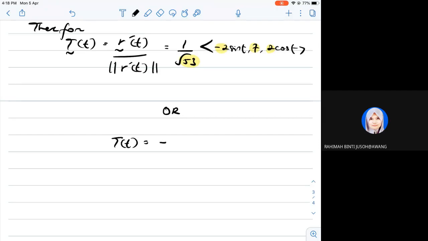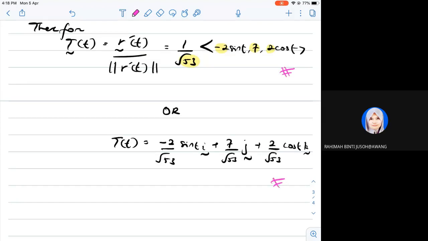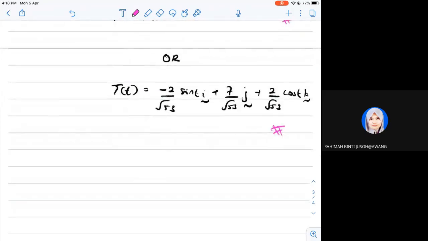So we will have negative 2 over square root 53 sin t i plus 7 over square root 53 j plus 2 over square root 53 cos t k. Macam tu. So both notations are the same lah. Sama ada you guna sharp bracket ataupun IJK, benda yang sama. Understand guys?